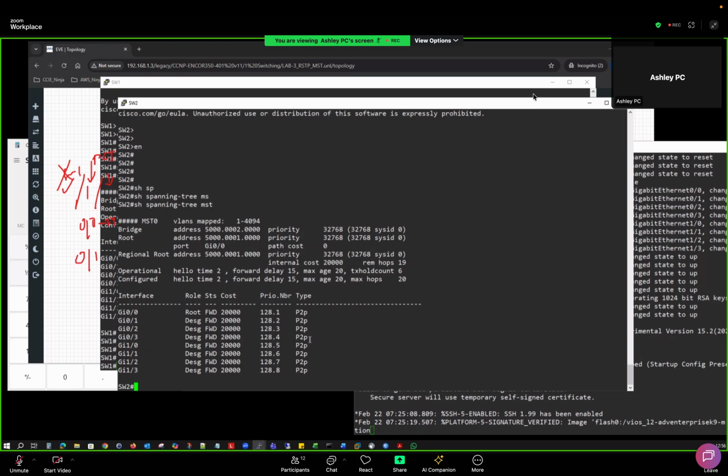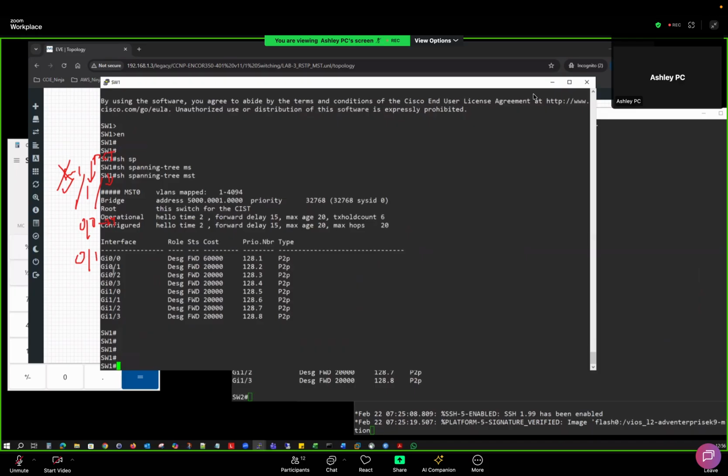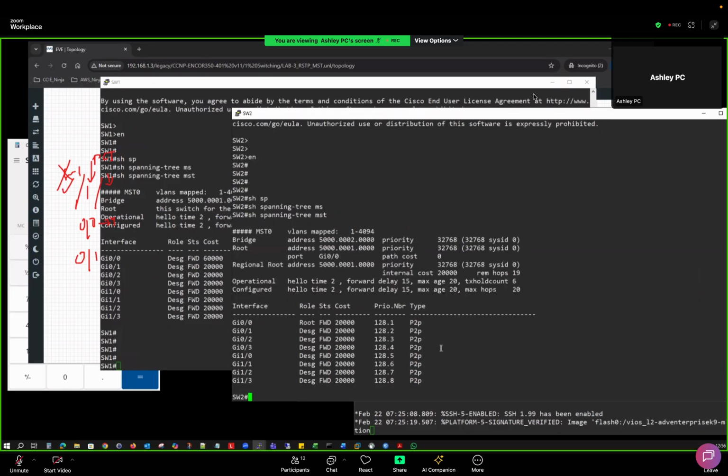Right? Port priority we are changing for that, our spanning tree, we are changing for that one. It is saying that the port cost is 60,000, right? If this switch is using this path, how much is the cost? 60. If this switch takes this path as gig 0/1 from this interface, total cost should be 20 plus 20, right?